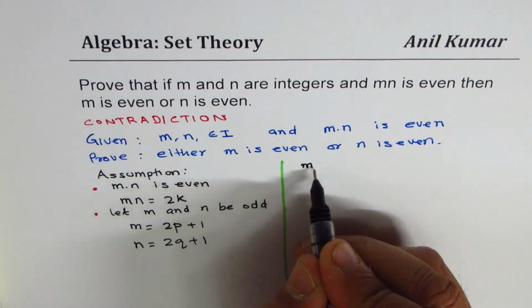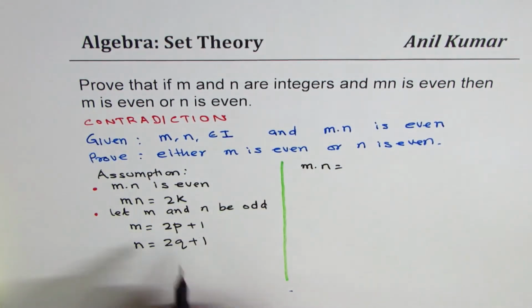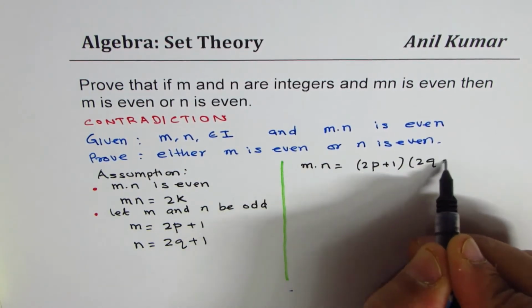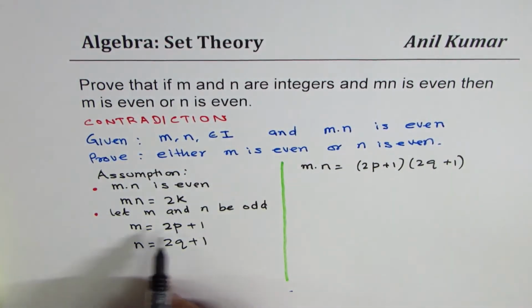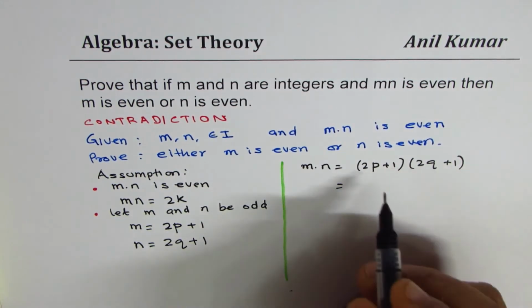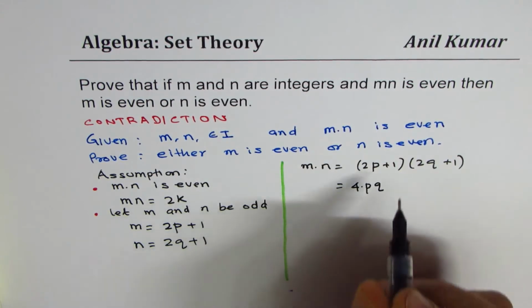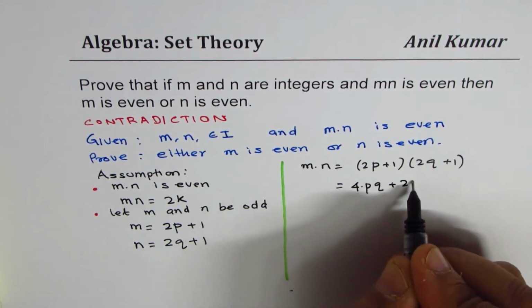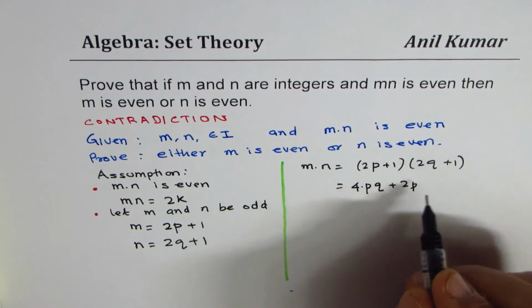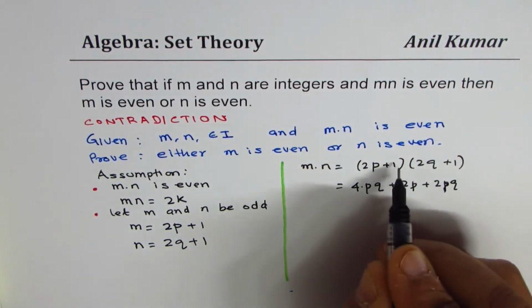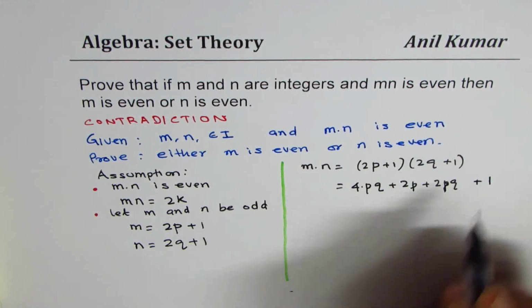So if I do the product of m and n, I can multiply (2p plus 1) times (2q plus 1), right? Because m is odd, it could be written like this, twice any integer plus 1, right? If you expand it, 2p times 2q gives you 4pq, 2p times 1 gives you plus 2p. When you multiply by 1, applying the distributive property, we get 2q, and 1 times 1 is 1.